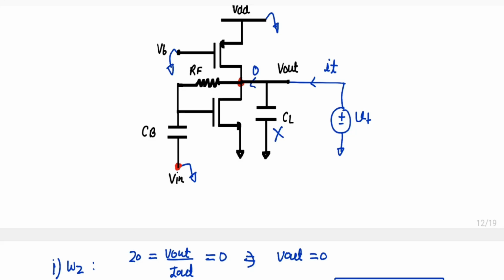So the upper current is 0, and this current is Gm Vgs, and there will be one current here. We will apply a KCL here, equate this current to this current, and the sum will be 0.